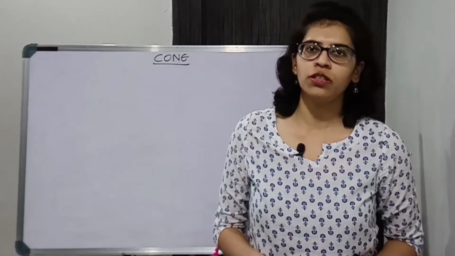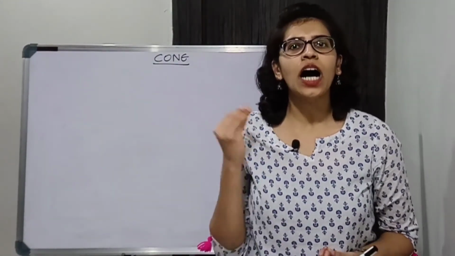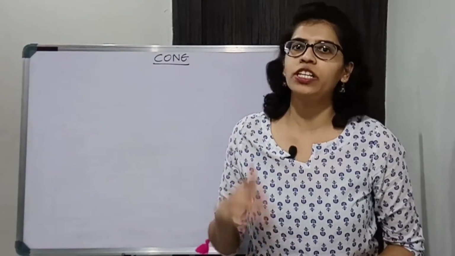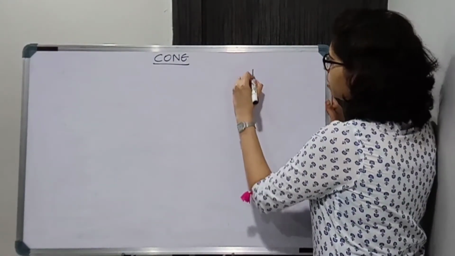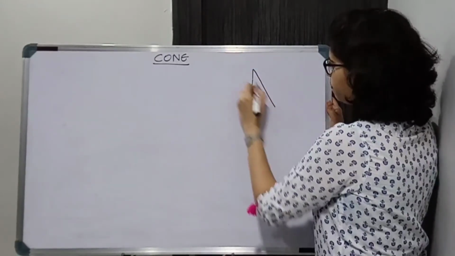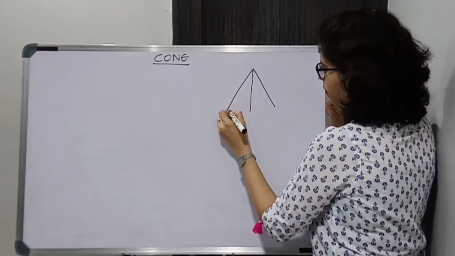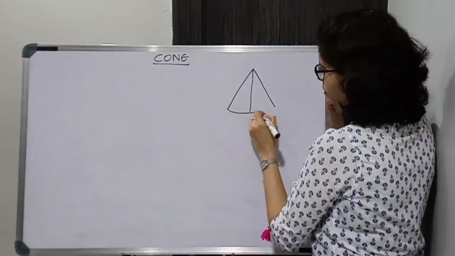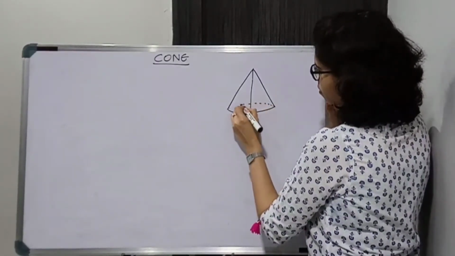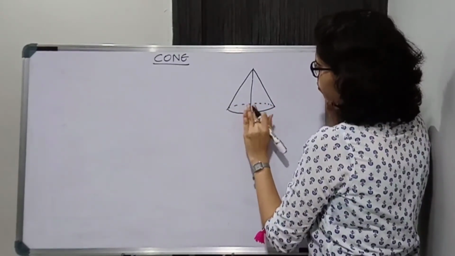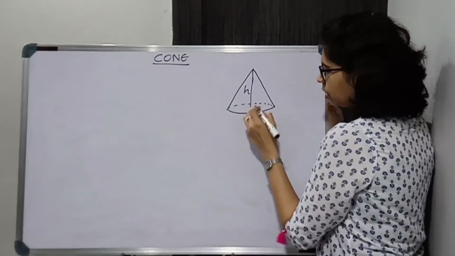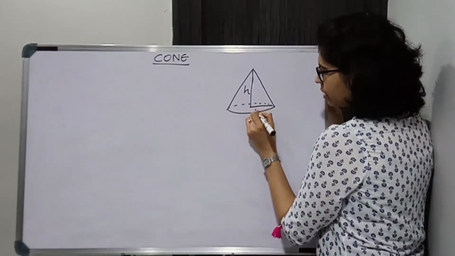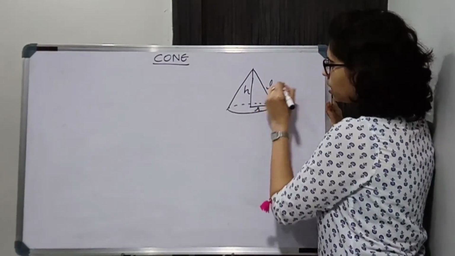Now in a cone, what is the relation between R, L and H? We need to find that. So there is a cone. This is the perpendicular height, that is h. This is the radius of the base, and this is the slant height.